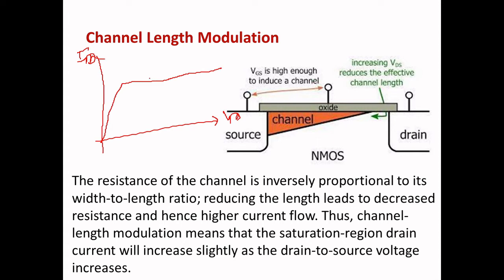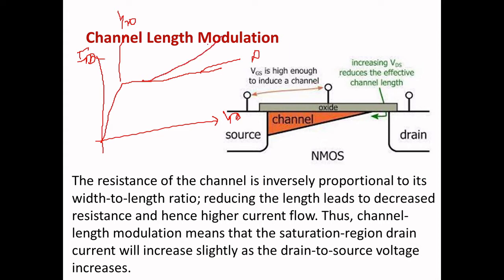Here the r naught is the resistance, the change of VDS by ID, and since you plotted ID versus VDS, the slope is 1 by r naught. Here it is flat, so the resistance is infinite, or huge. But there will be changes, because some short channel effects or non-linear characteristics will be introduced in the MOSFET.